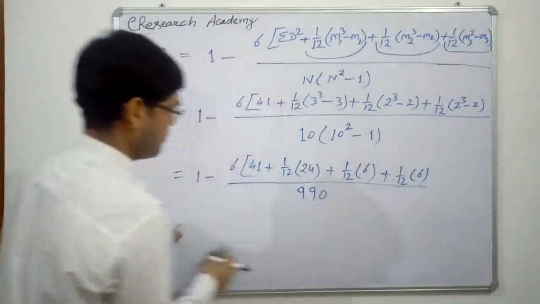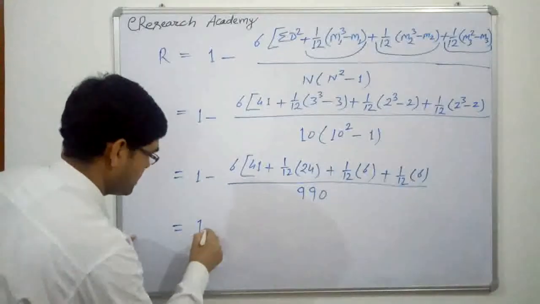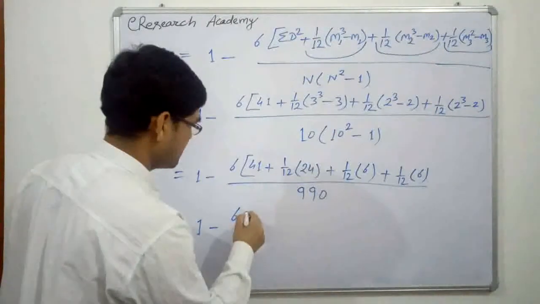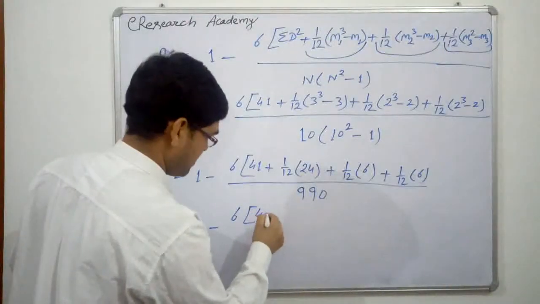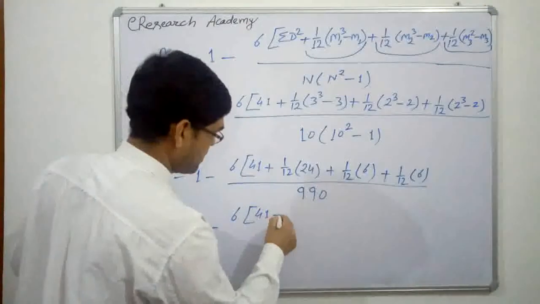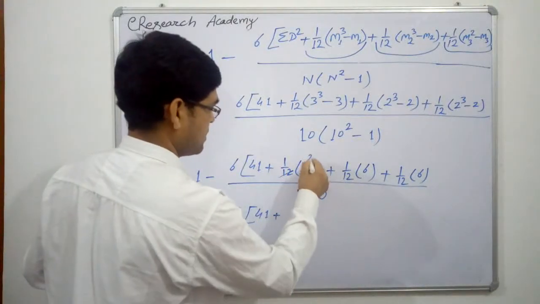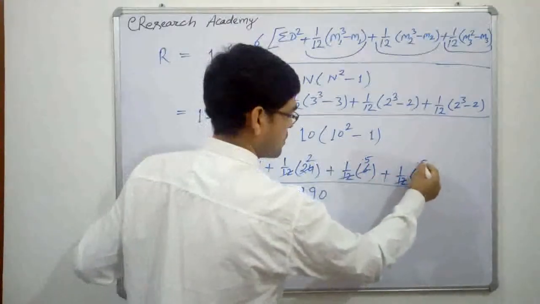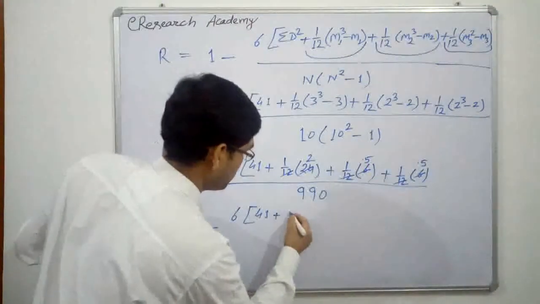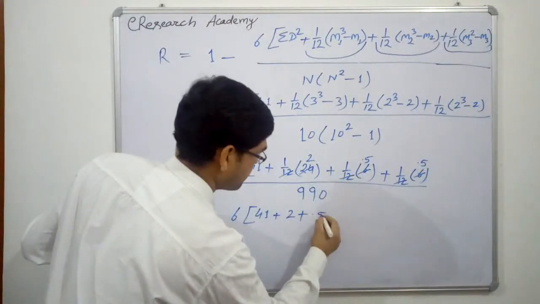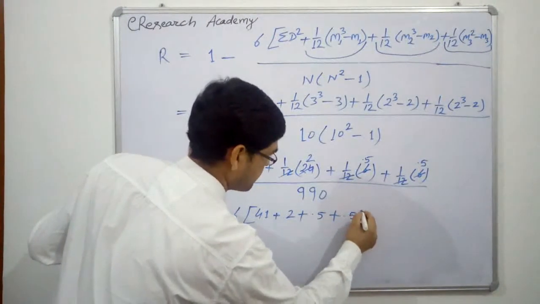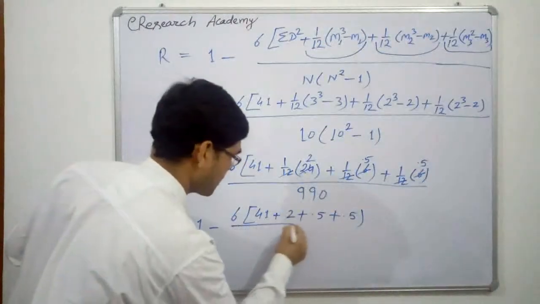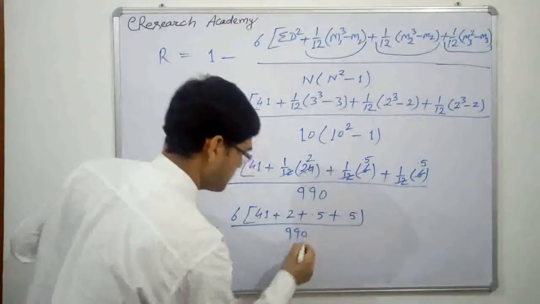Now our correlation will be 1 minus 6 times (41 plus, just solve it, 2 plus 0.5 plus 0.5), upon 990.